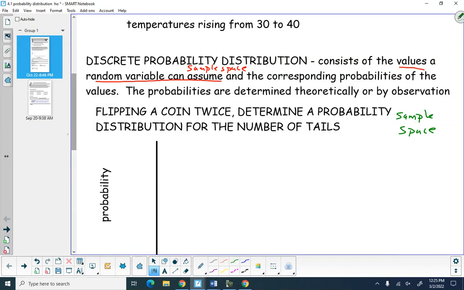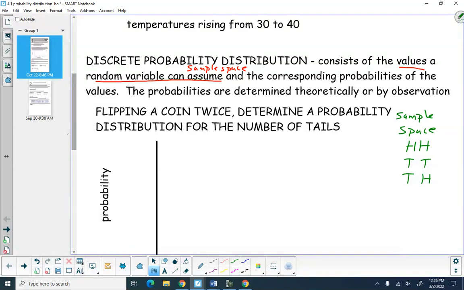When we look at the sample space, I flipped the coin twice. We can have a head and a head. We could have a tail and a tail. But then we can also have a tail and a head.